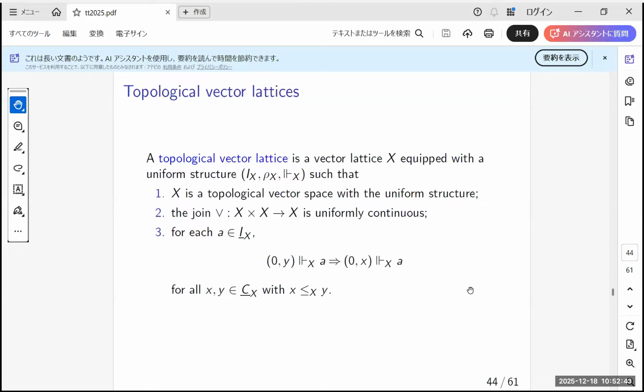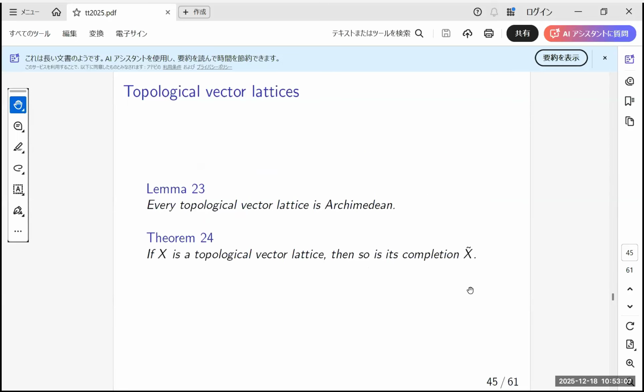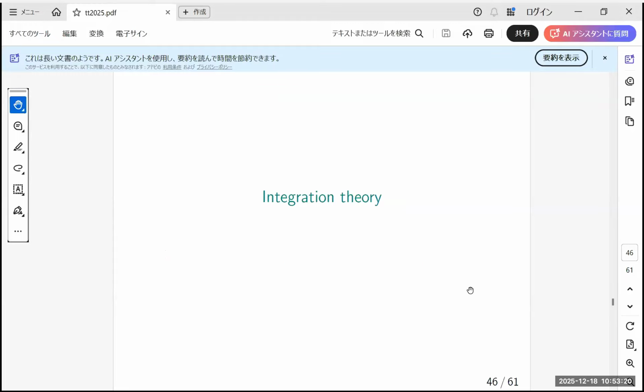The first condition is that it is a topological vector space with the uniform structure, and join is uniformly continuous. And the third condition says that the positive cone is normal, which is in the usual definition of classical topological vector lattice. And every topological vector lattice is Archimedean, and its completion is also a topological vector lattice.